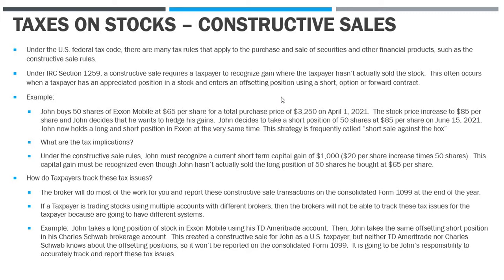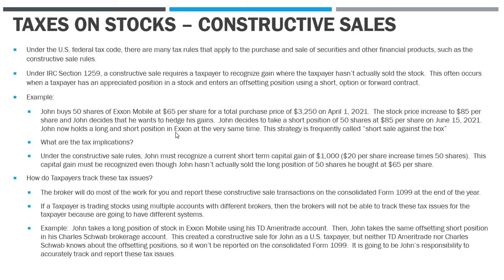So, of course, examples are the best way to illustrate this. So let's look at a simple one here. We have John buys 50 shares of Exxon at 65, so he paid $3,250 in total, and that was on April 1st, 2021. The stock increased to 85 per share, and John decides that he's wanting to hedge his gains, right?